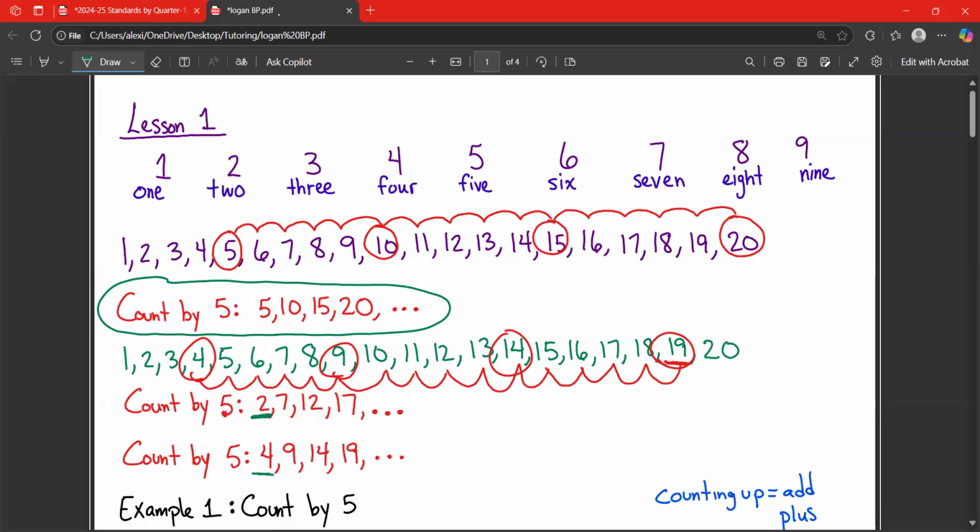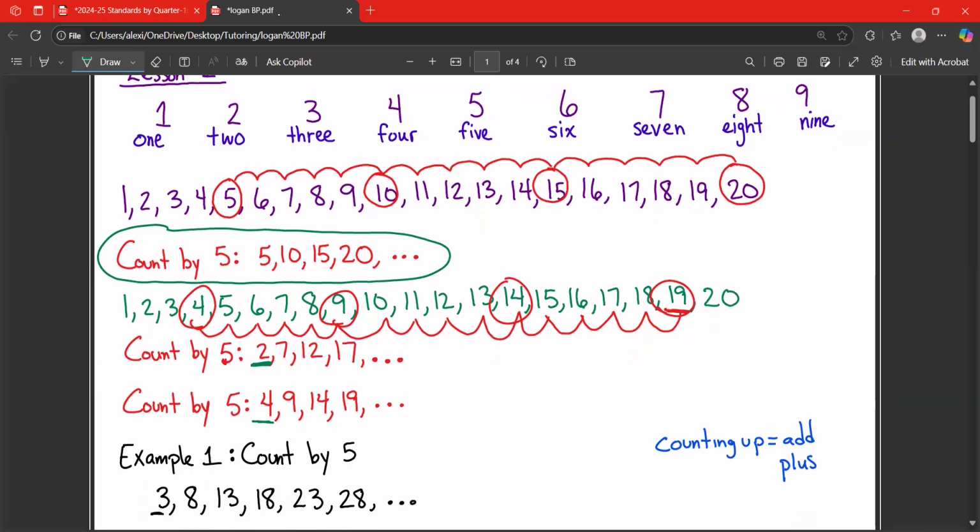So 2, 7, 12, 17, or 4, 9, 14, 19. And remember, counting up is the same as adding or plus. It's this symbol.